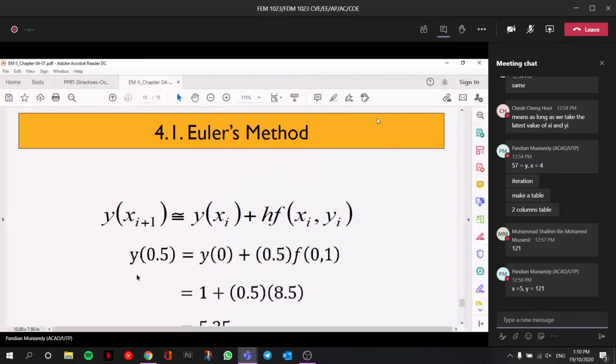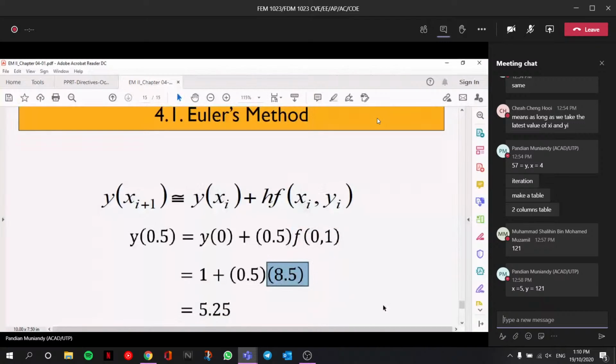So the next y at x 0.5, you want to calculate this. So y0, 1, plus h, 0.5. This is your h. And f(0,1) is 8.5. So 8.5 multiplied by 0.5 plus 1, you should get 5.25.